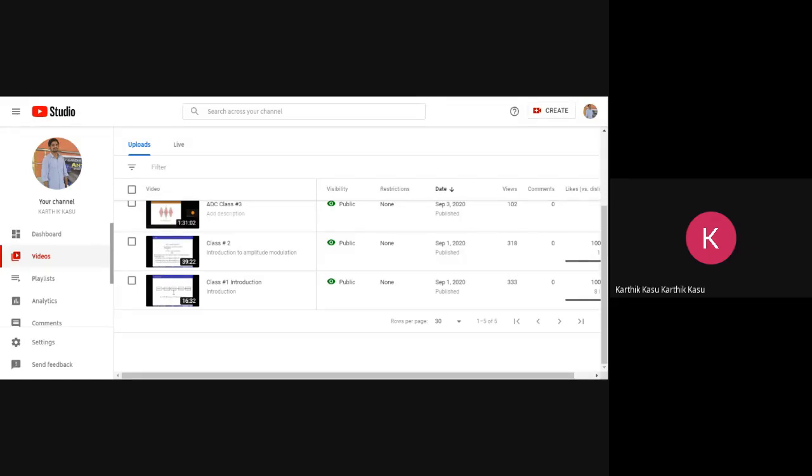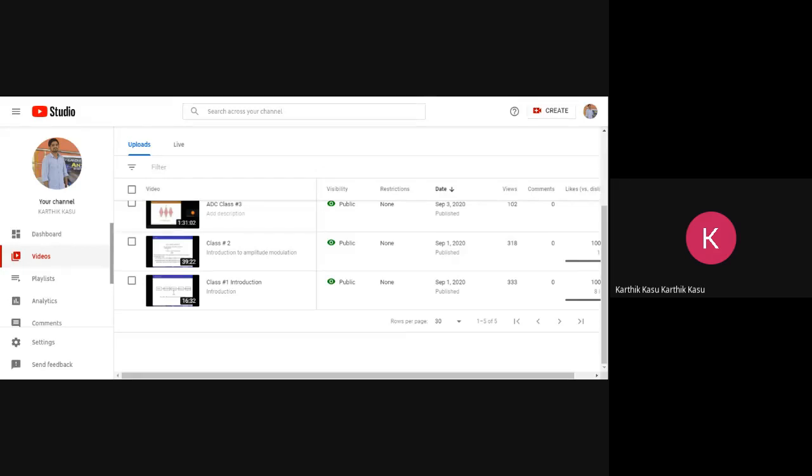So in an AM signal, if you can extract this envelope, you get your message signal back. The best way to demodulate an AM signal is to extract the envelope of the AM signal.